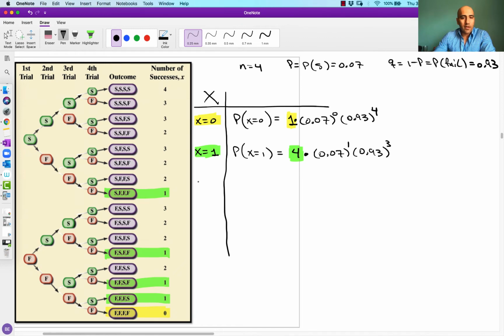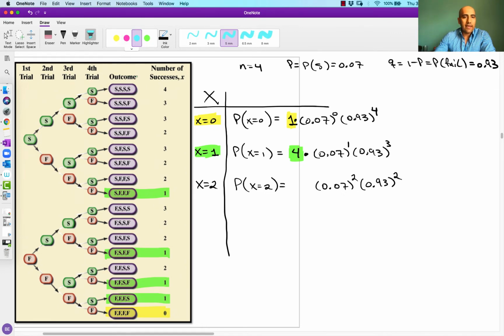Okay, so now let's try when x equals 2. X equals 2, 2 successes. It's the probability that x equals 2 equals, I'm going to skip that for a second, 0.07 to the power of 2. So if there's 2 successes, that must mean that there were 2 failures as well. And again, we can come back over here and count them all.